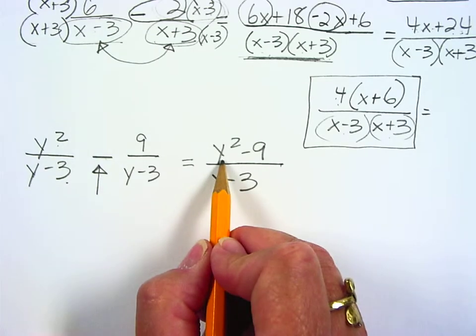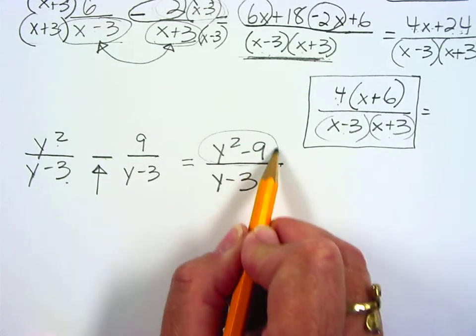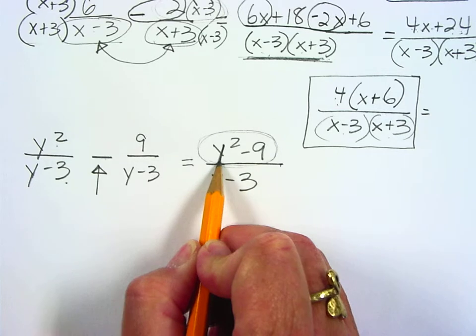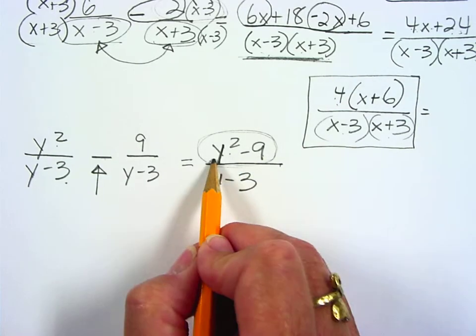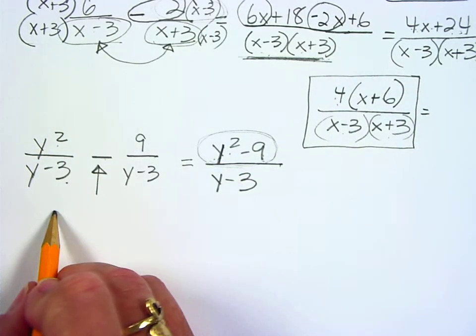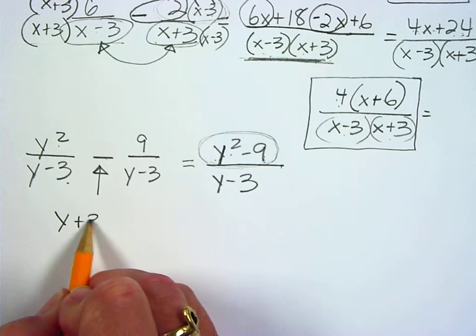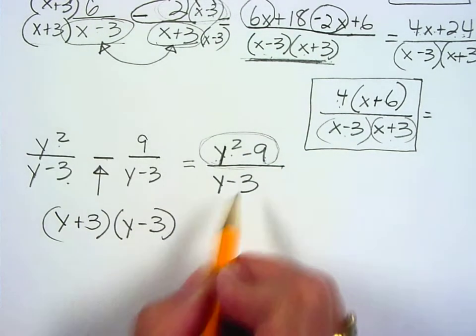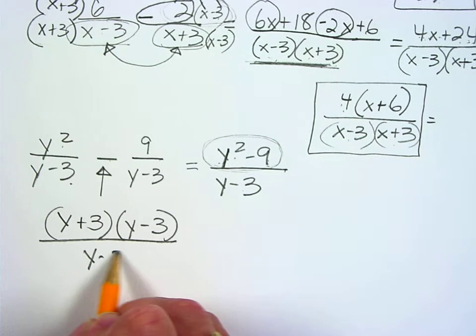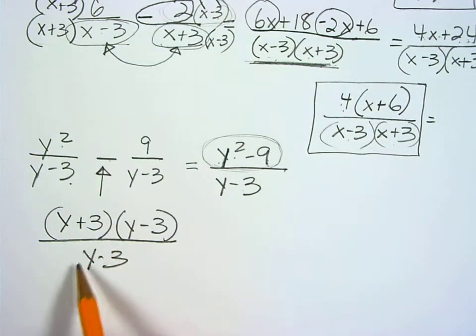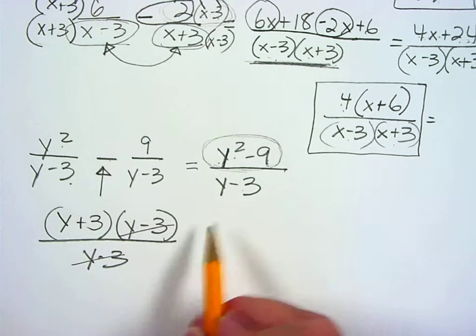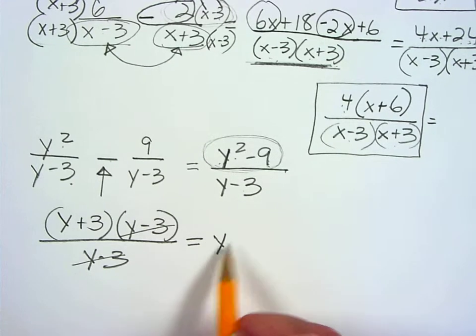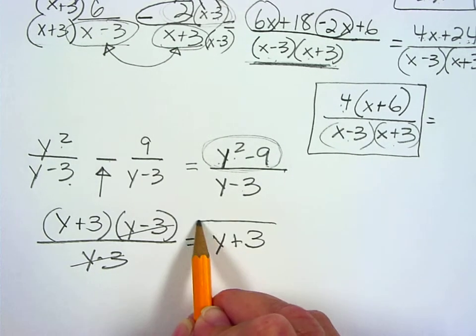Now, this I recognize as the difference of two squares. There's no GCF, so the way you factor the difference of two squares is sum and difference. y plus 3, y minus 3, and my denominator is still y minus 3. And you'll notice that this and this can cancel out, and I'm left with y plus 3 as my final answer.